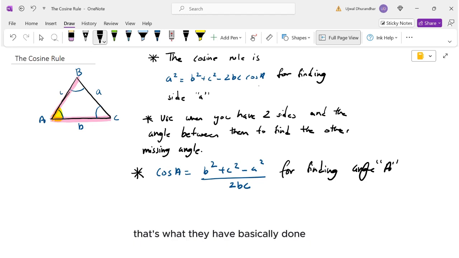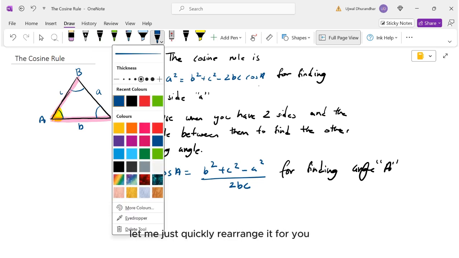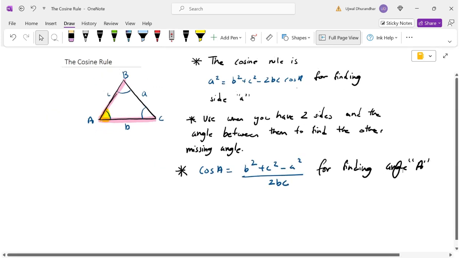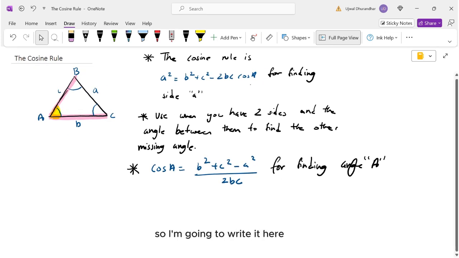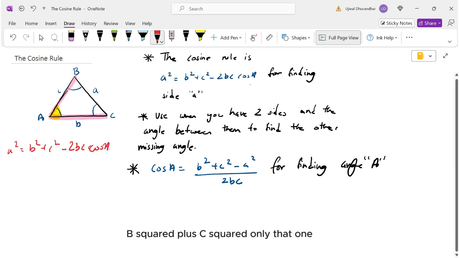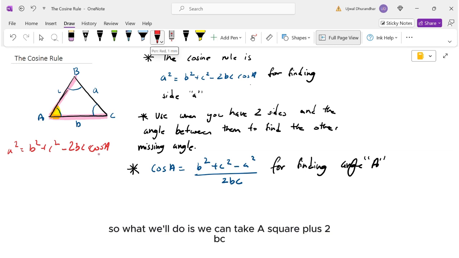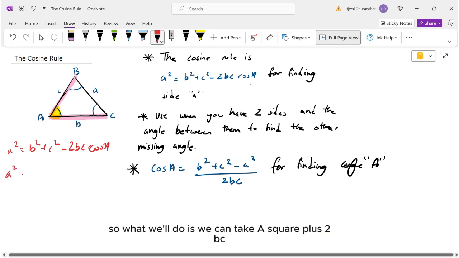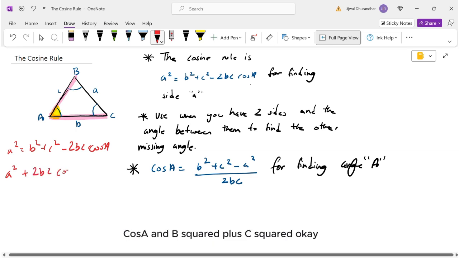You can rearrange this formula and get this. That's what they have basically done. So I've rearranged this formula, I've got everything to the other side. Or see, if I want to rearrange it, let me just quickly rearrange it for you. Say I want to find cos A, right? So I'm going to write in here, a square is equal to b square plus c square minus 2bc cos A. So what we'll do is, we can take a square plus 2bc cos A and b square plus c square.